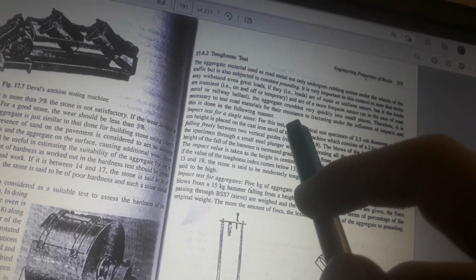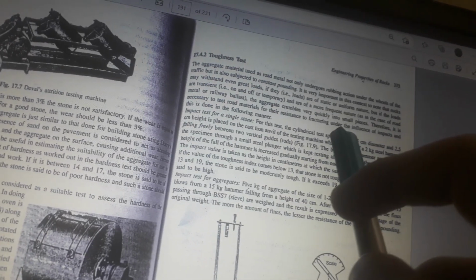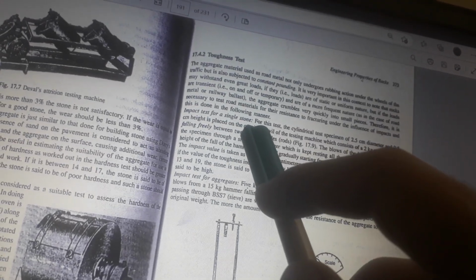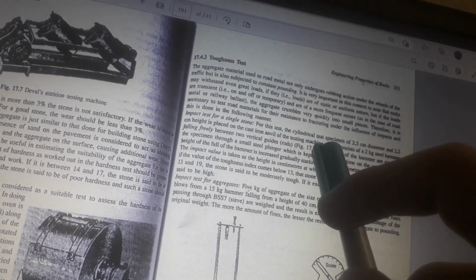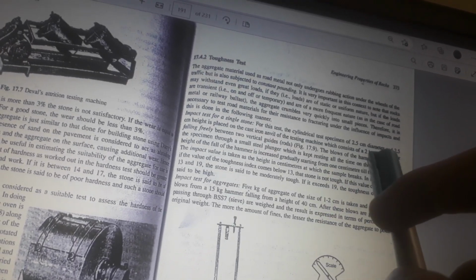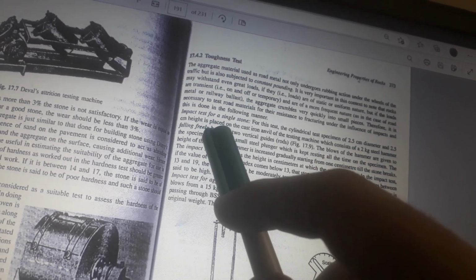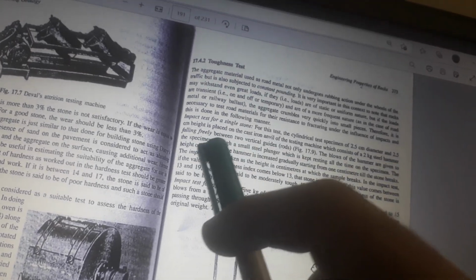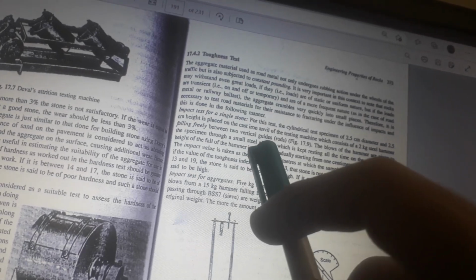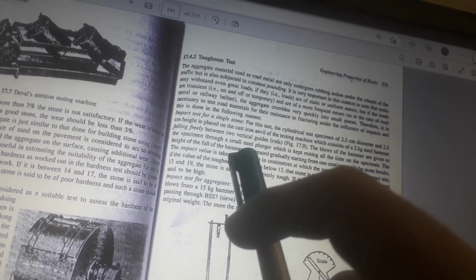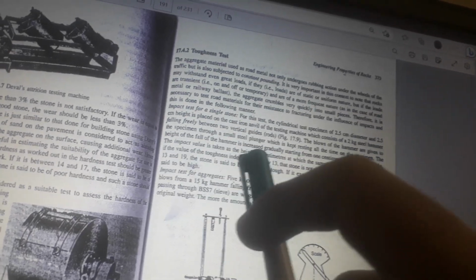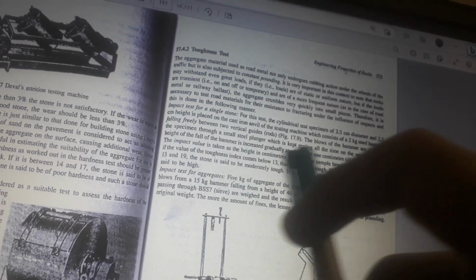For this test, a cylindrical test specimen of 2.5 cm diameter and 2.5 cm height is placed on the cast iron anvil of the testing machine, which consists of a 2 kg steel hammer falling freely between two vertical guide rods. The blow of the hammer is given to this specimen through a small steel plunger, which is kept resting at all times on the specimen. The height of the fall of the hammer is increased gradually, starting from 1 cm, till the stone breaks. The impact value is taken as the height in centimeters at which the sample breaks.